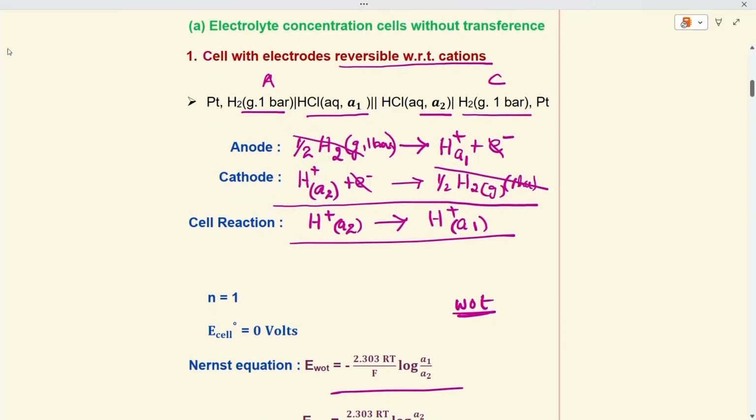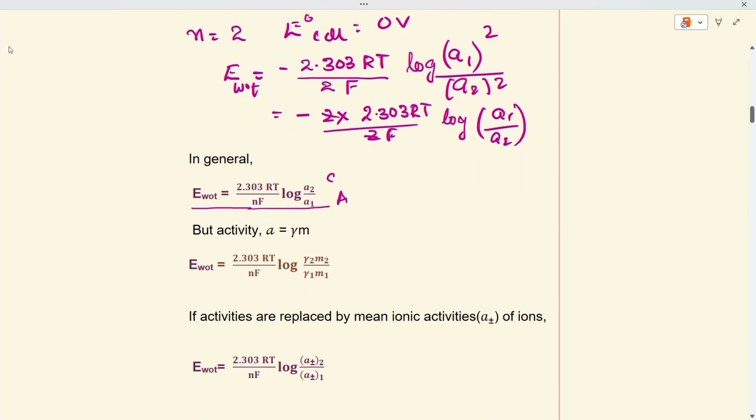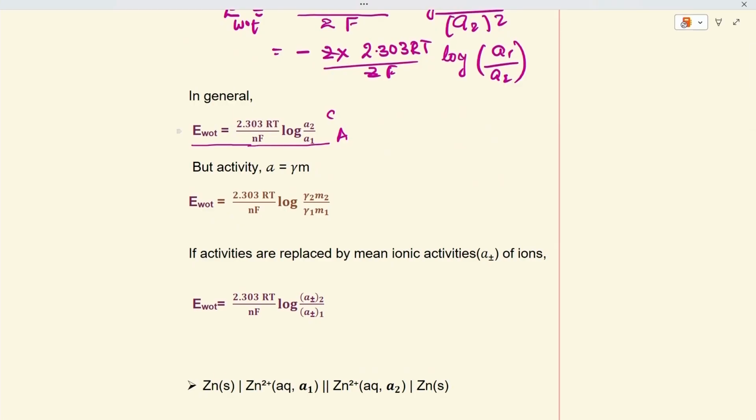This is a point to be noted. So, this is of H plus ions alone, one type of ion, in this case the cations.